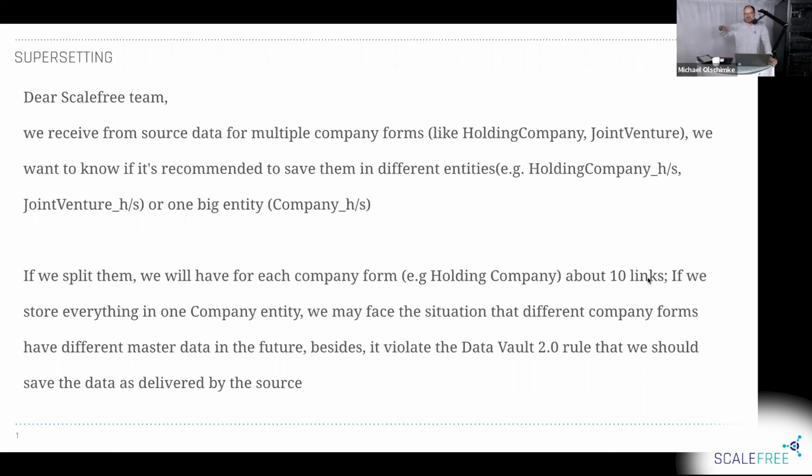So now I'm struggling a bit, trying to find the balance, right? For the raw data vault, I would try to stick to the source system, and the supersetting, subsetting, combination, and generalization I would try to do in the business vault. But as long as you can prove to me that you have a valid data vault model, that you can always reconstruct every source table, you're on a good side for now, right?